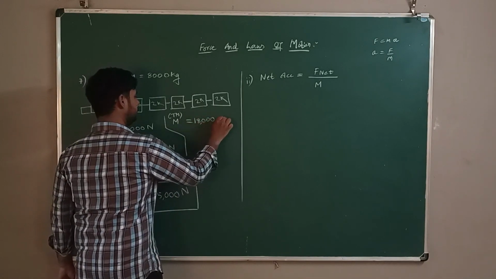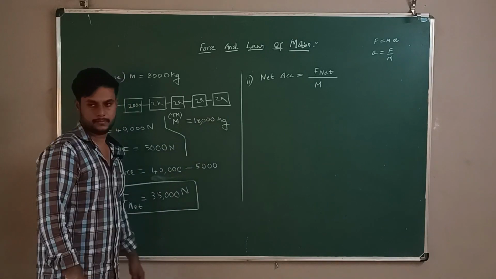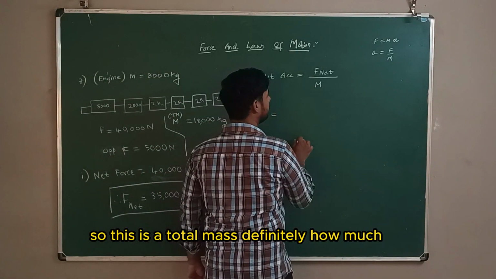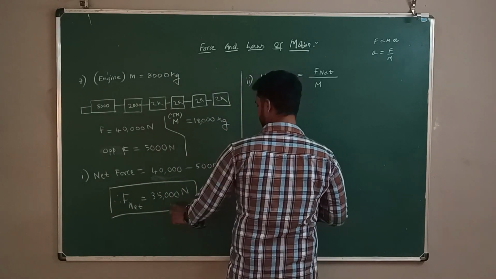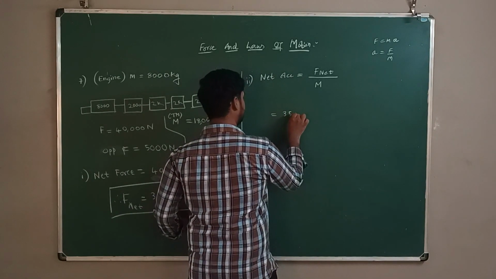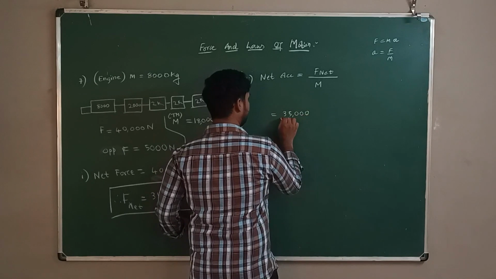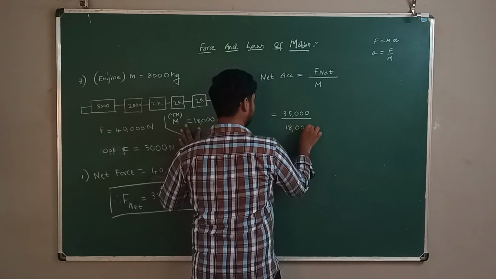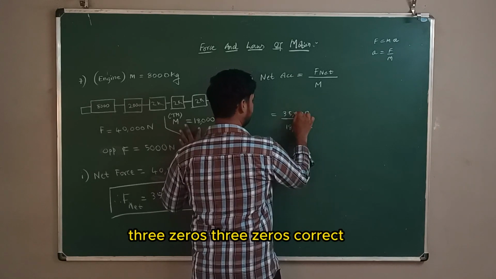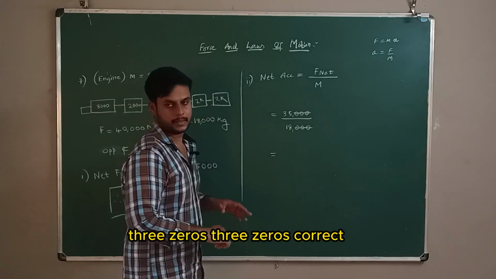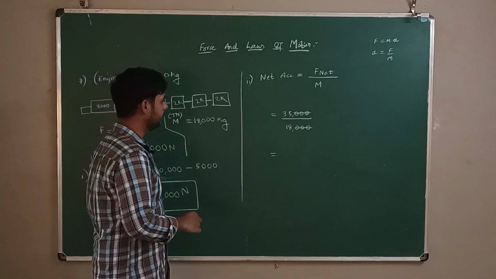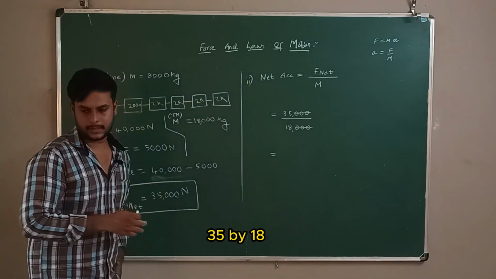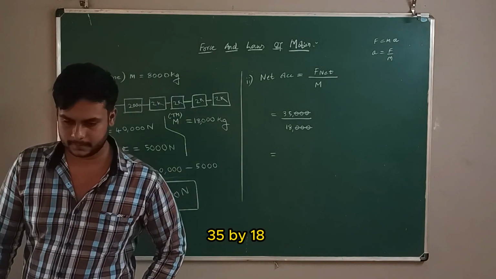Understood or no? So this is the total mass. The net force is 35,000 divided by the mass. Three zeros cancel, correct?